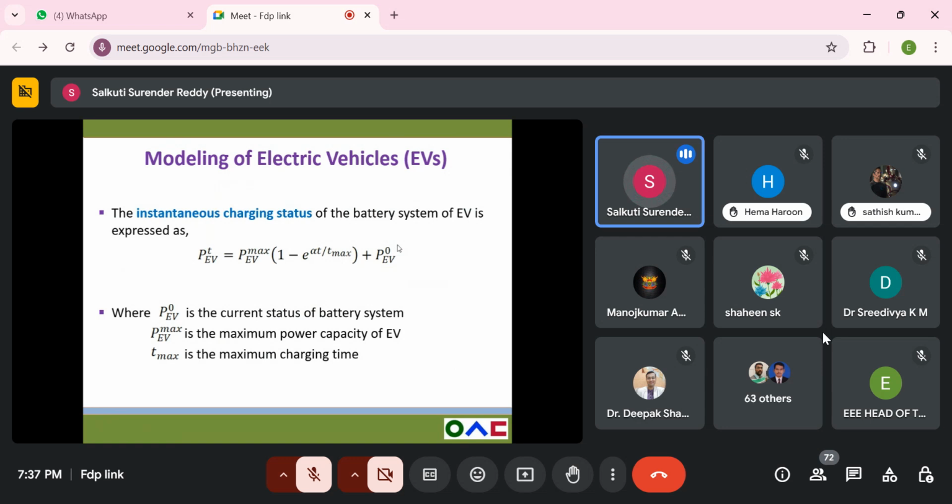For modeling this, you can see the instantaneous charging status of the electric vehicle. You can model it by considering this equation. Based on this exponential function and the initial power of an electric vehicle, you can find the instantaneous charging status of an electric vehicle.